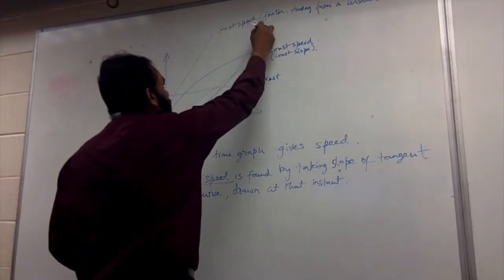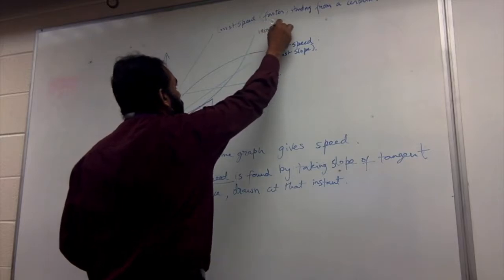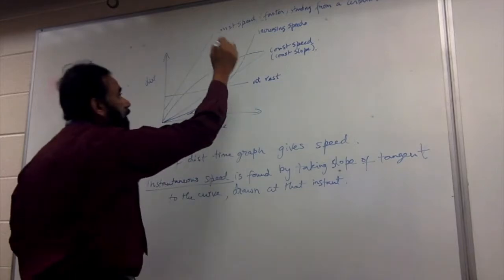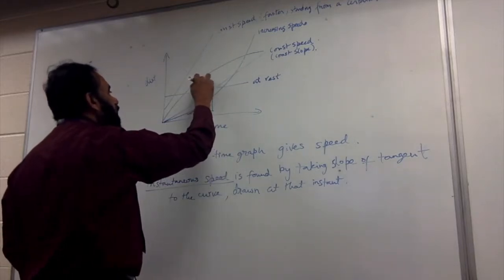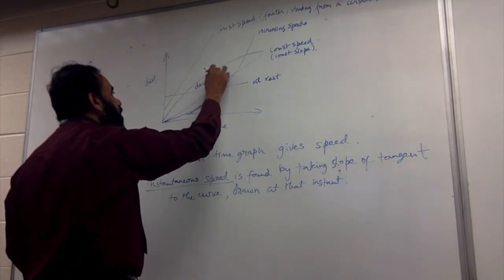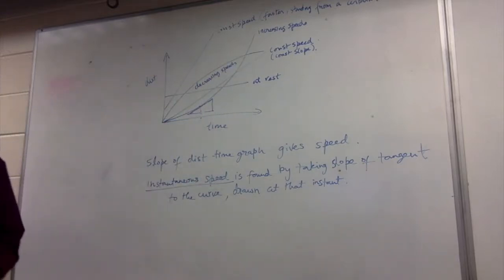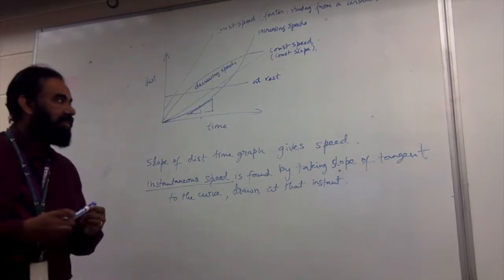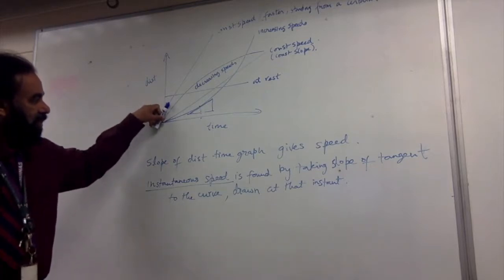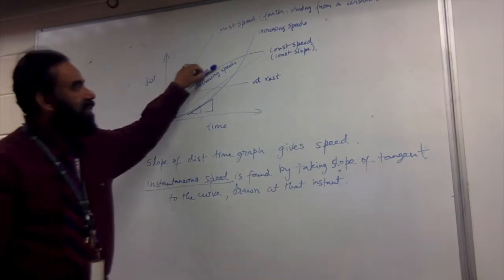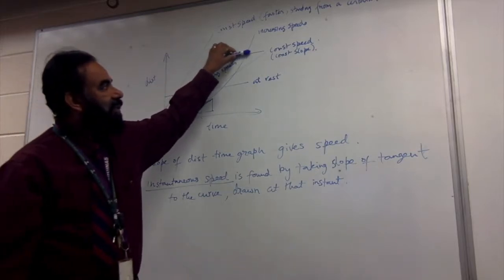Let me write this down. Here, this is increasing speeds. And this is decreasing speed. Why do you say it's decreasing speeds? Because it is changing its slope. Starting from the highest slope, it is slowing down, and it becomes horizontal.